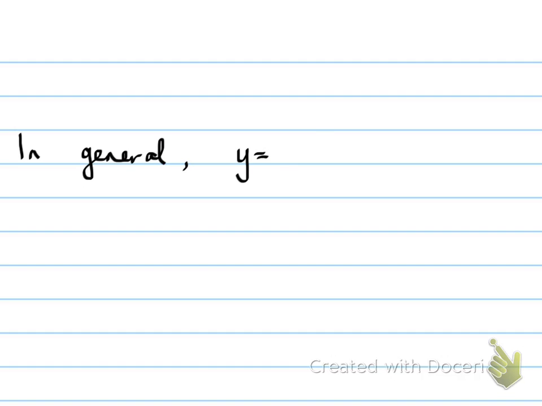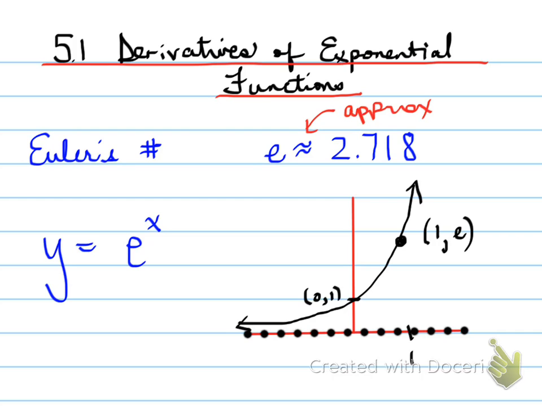Well, the derivative of y equals e to the x is just going to be y prime equal to e to the x. It's the same derivative. Now be careful.